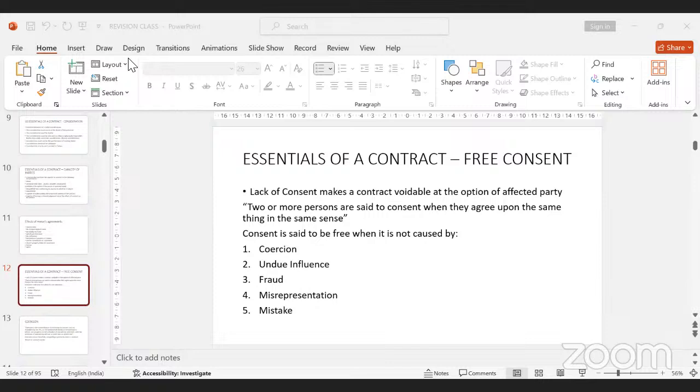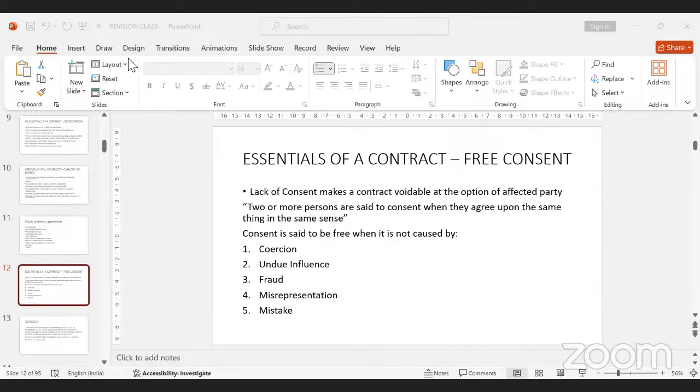Fraud again, for example, I tell X, will you buy my house for 1 lakh rupees? This house was constructed in 2010, but in reality, the house was constructed in 1990. So what am I doing? I am misrepresenting facts, and based on this misrepresentation, I am taking that person's acceptance. This is also said to be not caused by free consent.